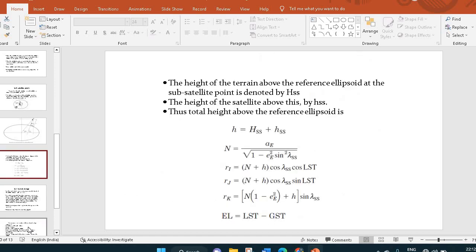The height of the terrain above the reference ellipsoid at the subsatellite point is denoted by HSS. The height of the satellite above this by hss. Thus, total height above the reference ellipsoid is small h equal to HSS plus small hss.